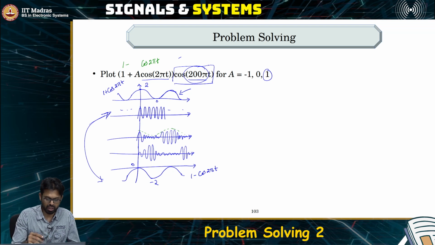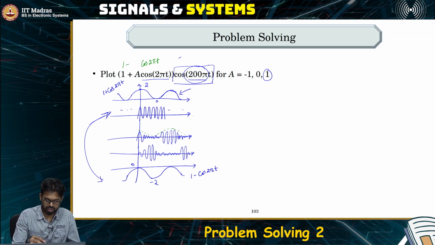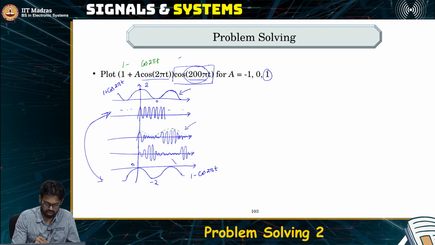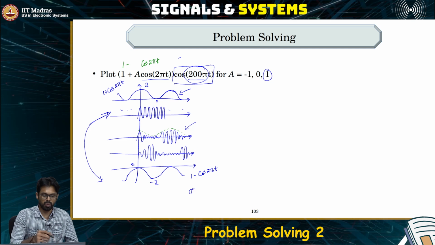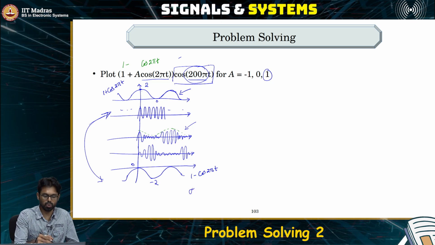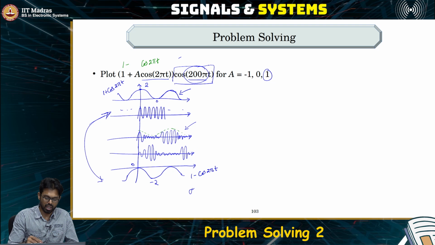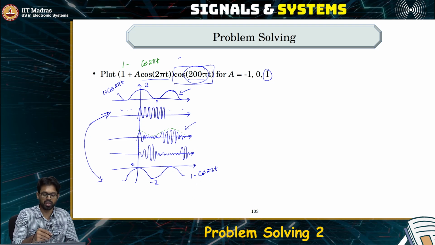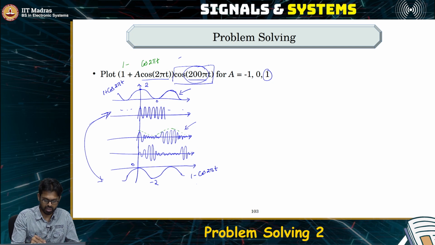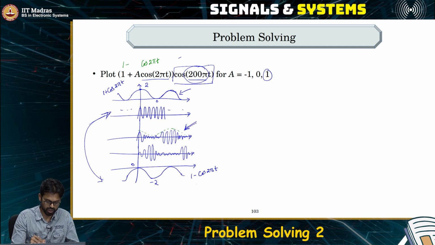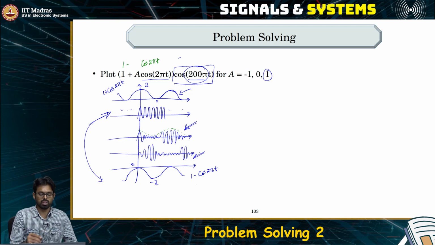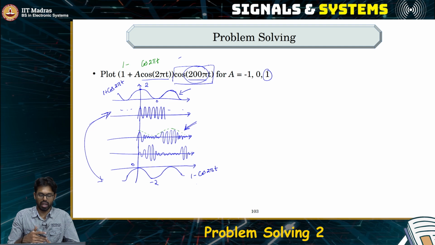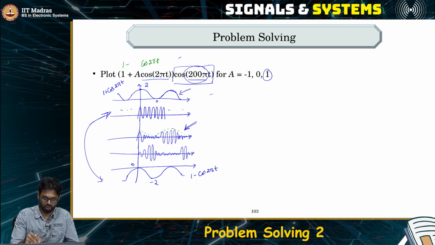As you can clearly see, whenever the first signal has high amplitude, the second one has low amplitude and vice versa. So, whenever this multiplies 2 with the high frequency signal, this signal multiplies 0 with the high frequency signal. So, whenever the high is obtained here in this signal, you will get the low here in the other signal. So, they are out of phase with one another. There is a phase shift, and this phase shift is with respect to the low frequency signal.